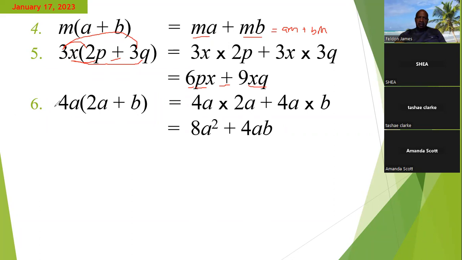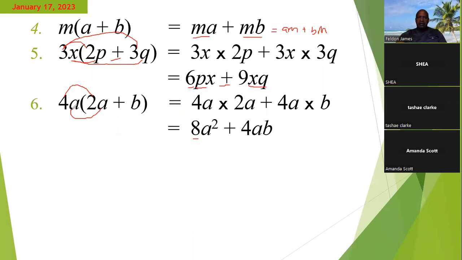For this example 6 here, we have 4a times 2a. Multiply the numbers together: 4 twos are 8. Now, once you're multiplying letters that are the same, then you have to raise to the power based on the number of a's that you have, all right?